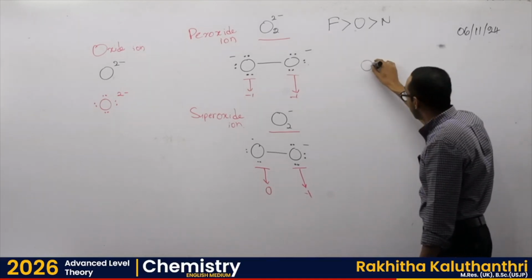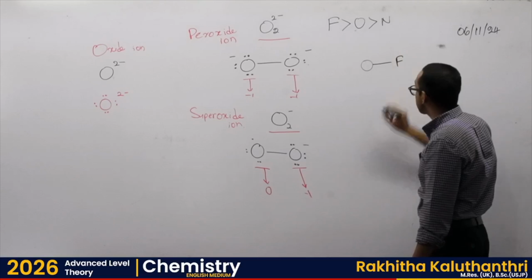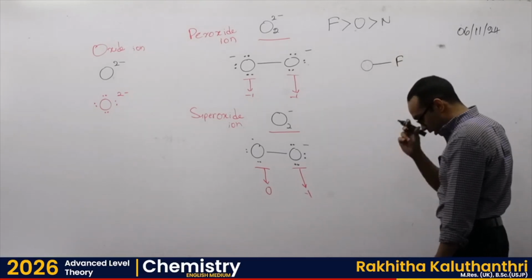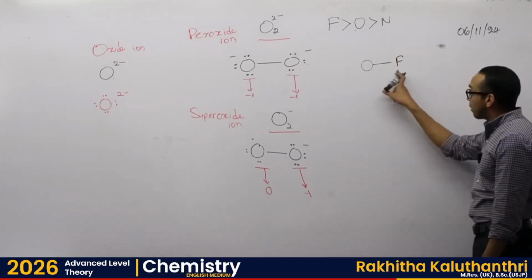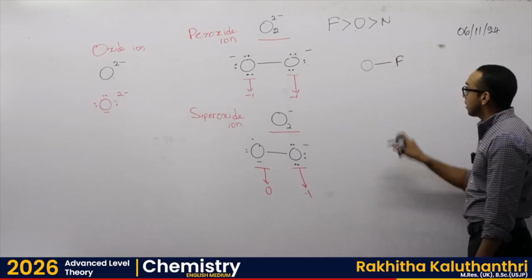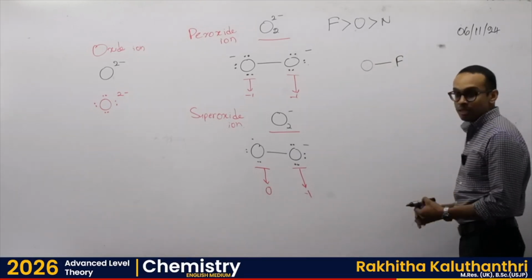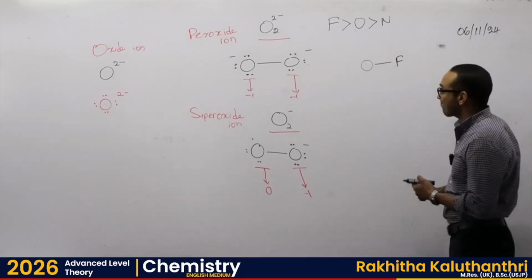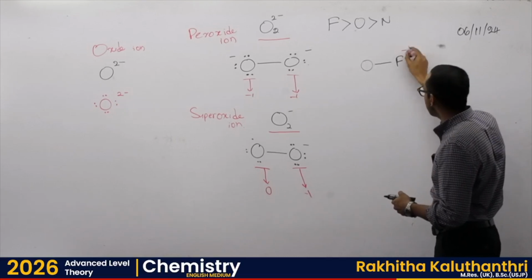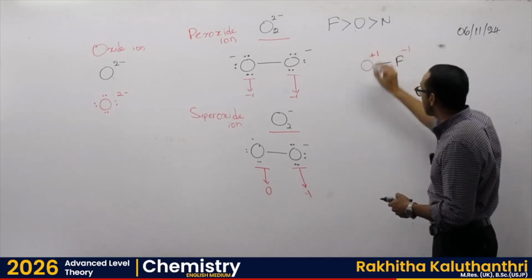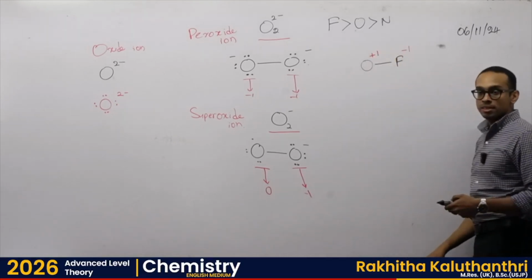So if the oxygen is connected to fluorine, at that point, students, fluorine will get the -1 charge, oxygen will get the +1 charge. Is that clear?